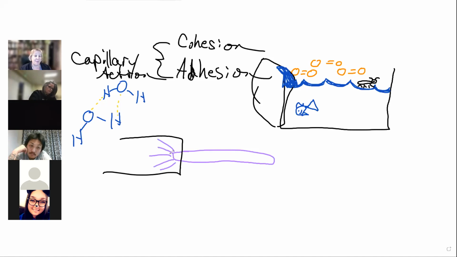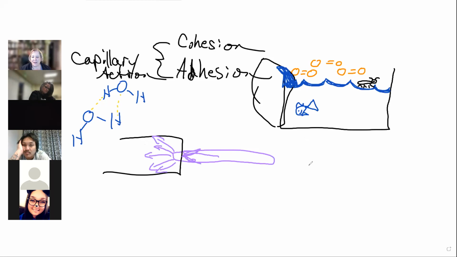Okay. That's capillary action. The water, okay, and the sugars and stuff that are in the grape juice, okay, are going to be attracted to the hydrophilic parts of the paper towel. Okay. And so the water is going to be attracted to it. And so it's going to move toward the paper towel, but it's going to drag everybody in the grape juice along with it. Okay.